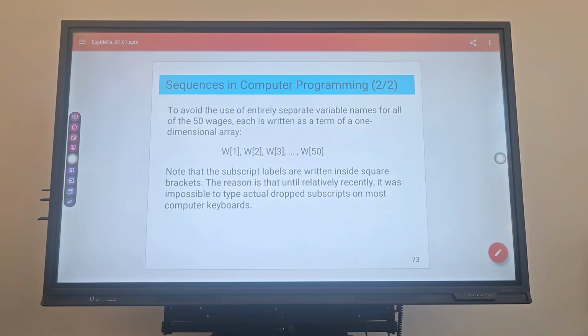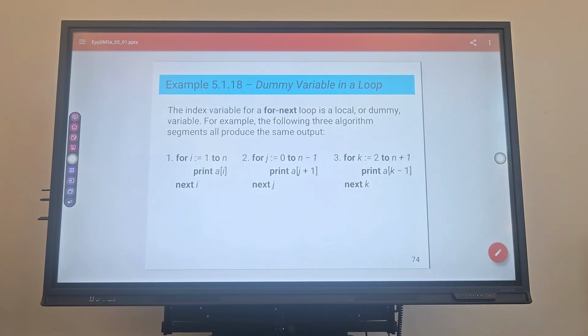Subscripts are written inside square brackets in most languages. Some use parentheses. The reason is that until recently, it was impossible to type actual dropped subscripts on most computer keyboards. And the index variable for a for-next loop is a local or dummy variable.